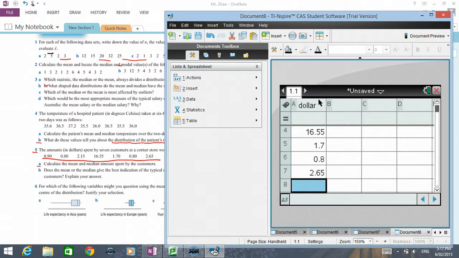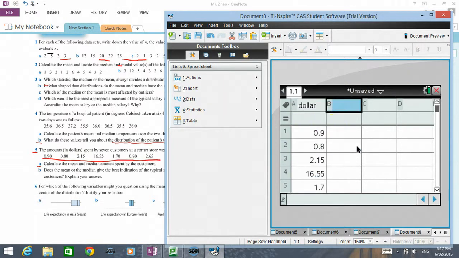2.65. Now, I'm going to show you a trick with a graphic calculator. The graphic calculator can automatically arrange those numbers in order. The idea is to select the data.